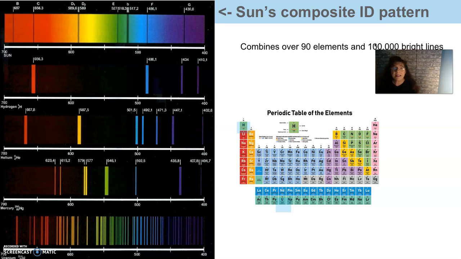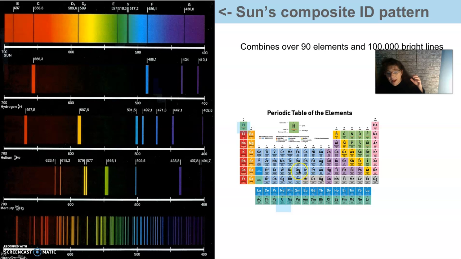The sun's spectrum, as it comes at you from the photosphere, contains over 90 elements. Now, we've talked about the fact that the most common elements go across the periodic table to iron, which is right here. But the sun also has up to 90 elements in it.